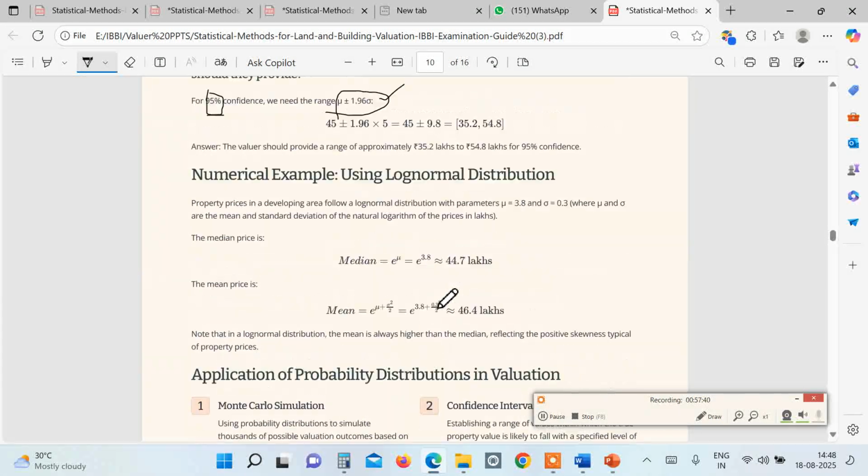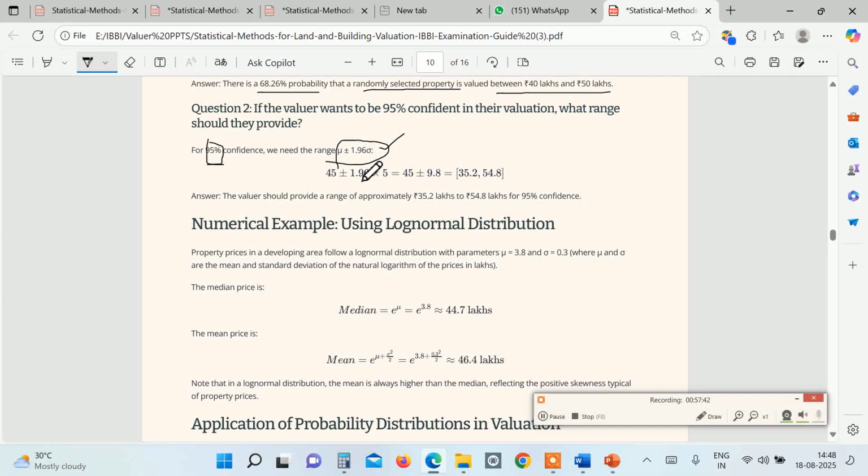You put the values, multiplied by sigma, which is 5. The value comes out to be 35.2 to 54.8. So if you choose this range, you will be able to get at least 95% confidence in the result.